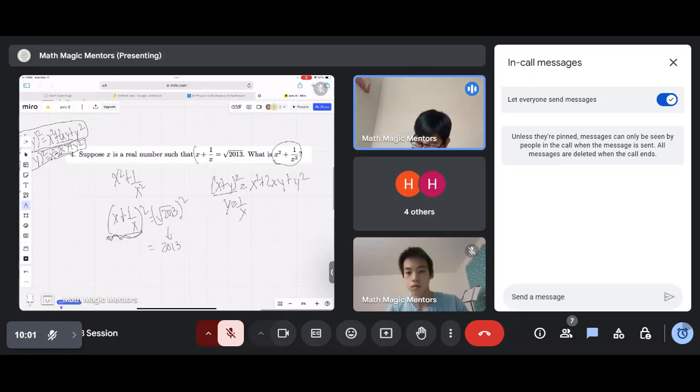Say y equals 1 over x, we find that x plus 1 over x squared is going to give us x squared plus 2x times y, but y is 1 over x, so 1 over x plus 1 over x squared, right? And what's 2x times 1 over x? It's just 2, right? So it's x squared plus 2 plus 1 over x squared.